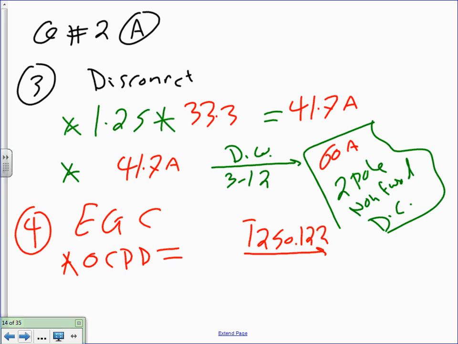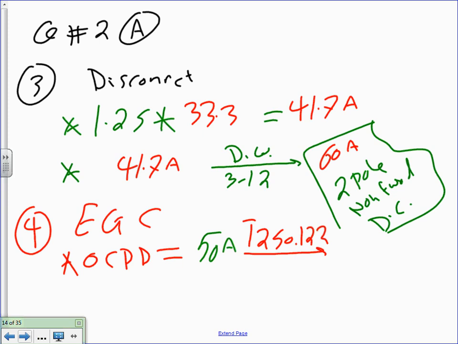Equipment grounding conductor: you take the 50 amp overcurrent protection device. In 250.122, anybody can tell me, what size would you get? How about if we use a calculator?